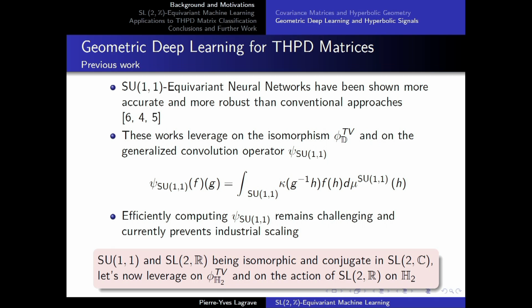The summary is that if you try to compute that for now with existing methods, you can't scale the approach to industrial applications. So what we now wanted to investigate is that instead of taking the point of view of SU11 acting on D, let's take the point of view of SL2R acting on the Poincaré half plane H2.